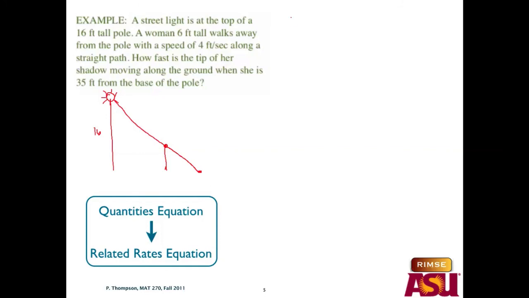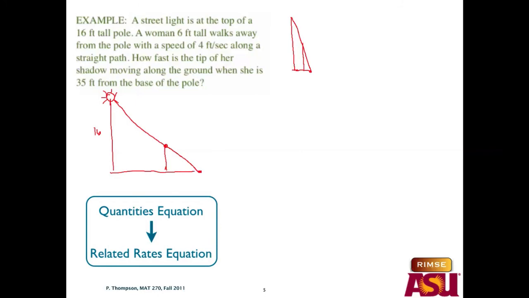If you imagine this woman when she was close to the pole, her shadow would have been really short. But now the tip of her shadow is farther in front of her. Maybe you did this as a kid: watch your shadow get really big really quickly as you walk away from a light source.